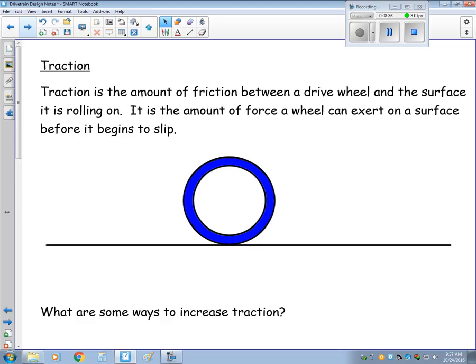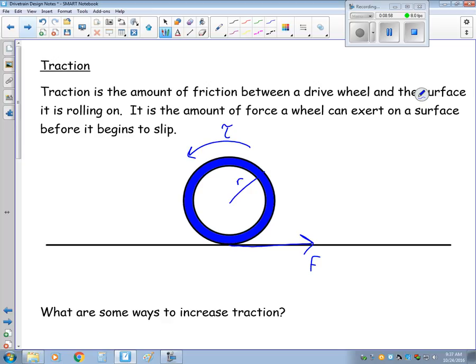And on our wheel, we have a motor or a gear system or whatever, and it's applying some torque. So since it's applying some torque, there's going to be a force being applied to the ground. This wheel has a radius.